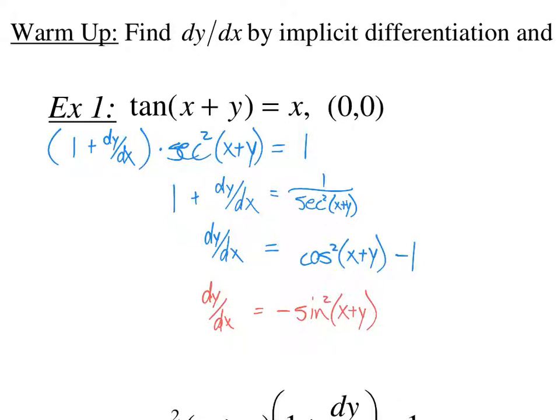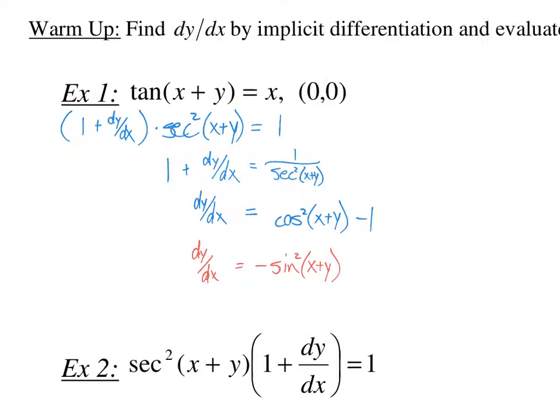Either way, notice when we go to evaluate the slope of the tangent line at the point 0, 0, we're going to get a negative sine squared of 0 plus 0. And what's sine of 0? 1? Wait, no, I'm sorry.